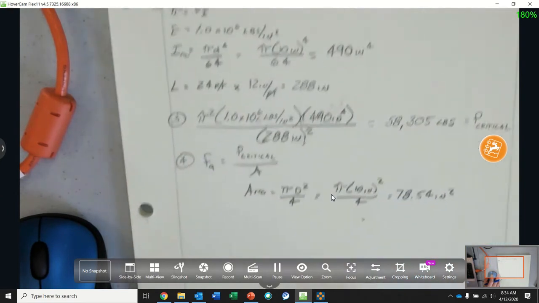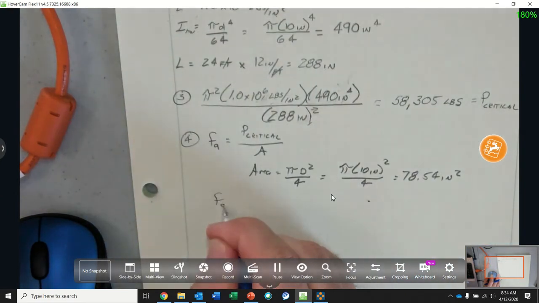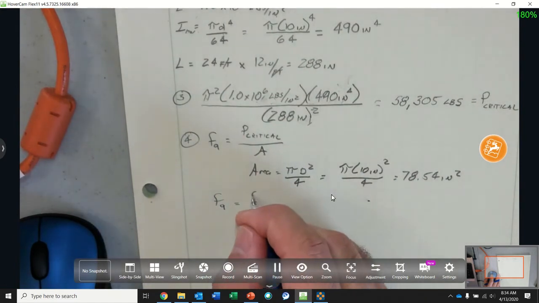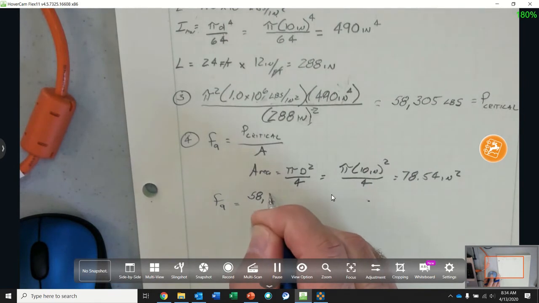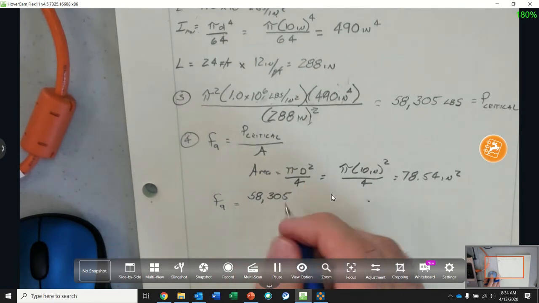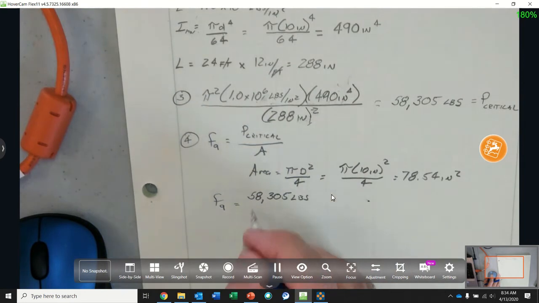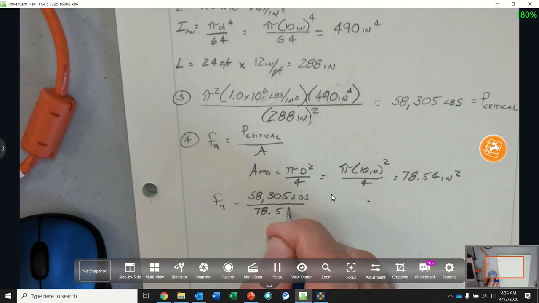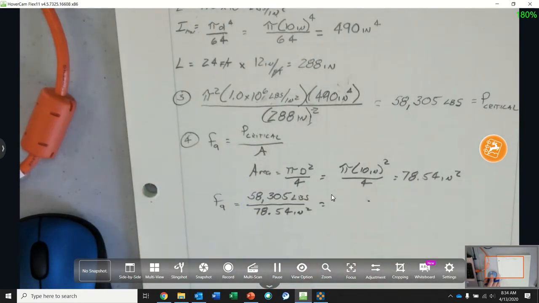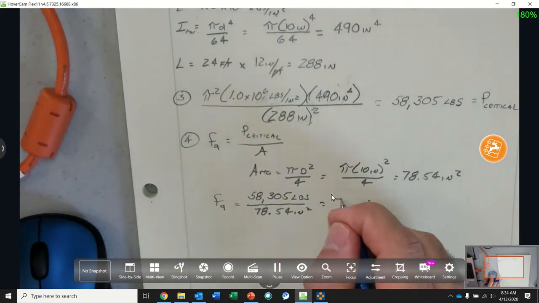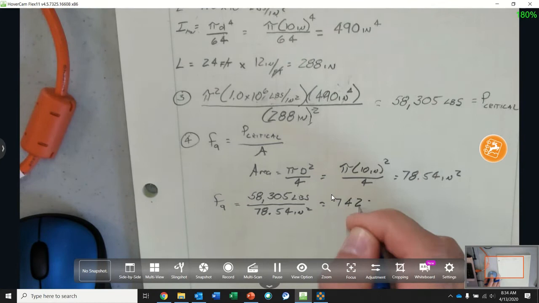inches squared. Okay, so now my actual stress from the critical load is 58,305 pounds divided by 78.54 square inches, and that equals 742.